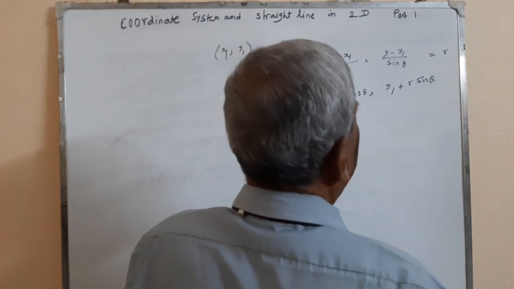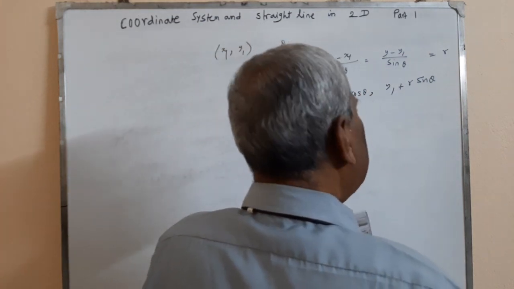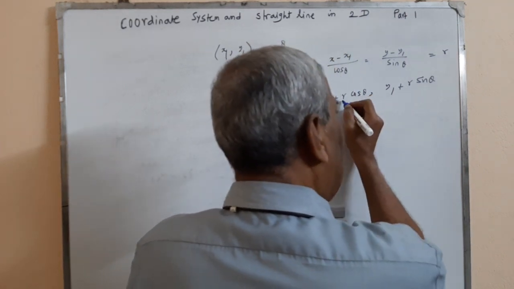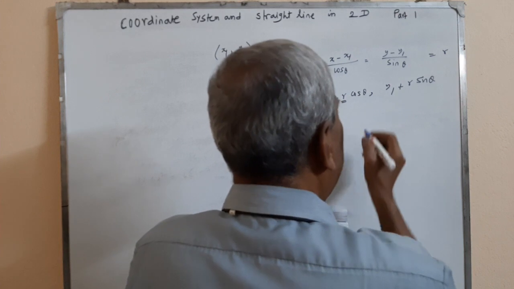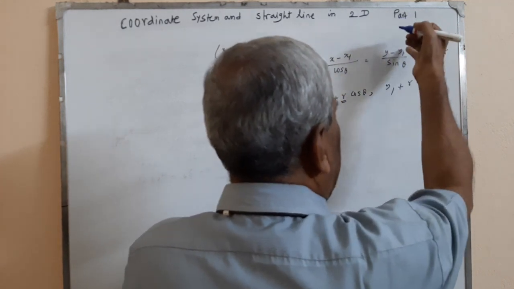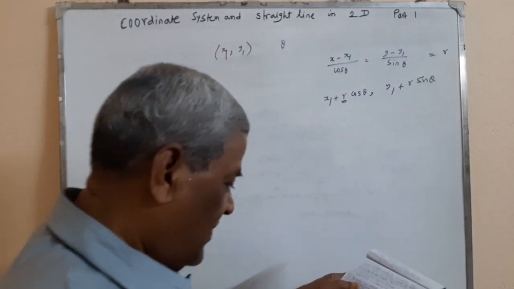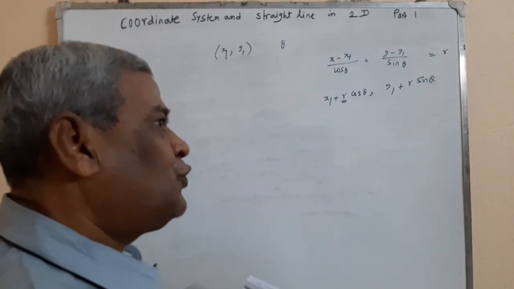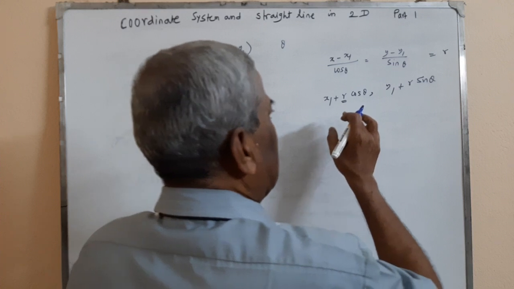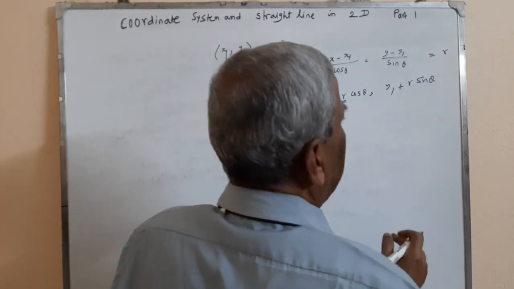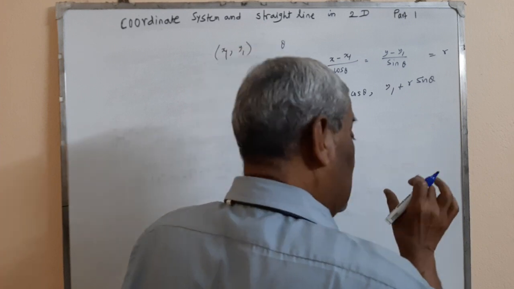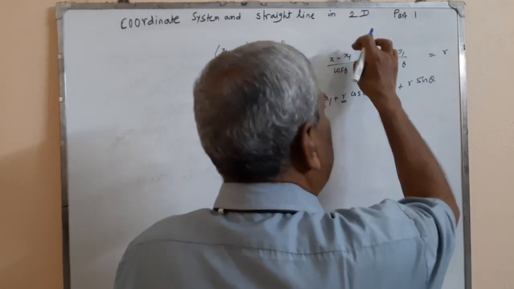What is r? r is the distance of a particular point from (x1, y1). This formula is also very important for calculating a point at a particular distance from a given point.